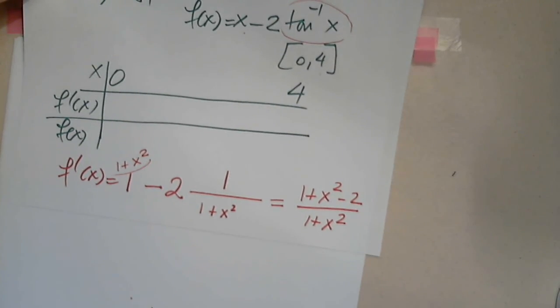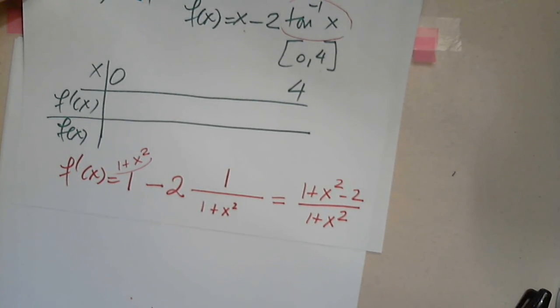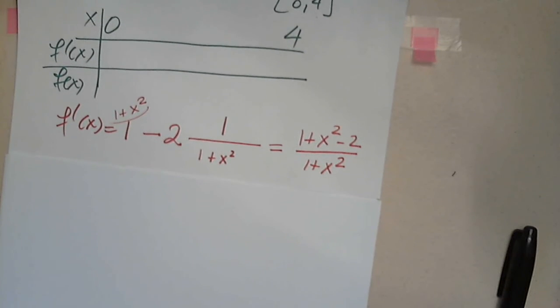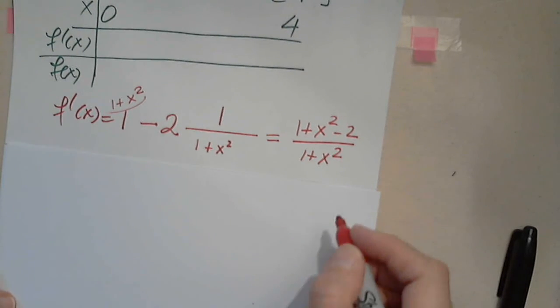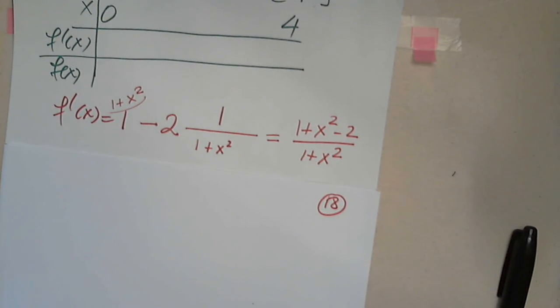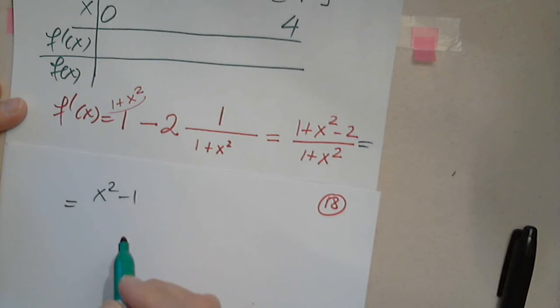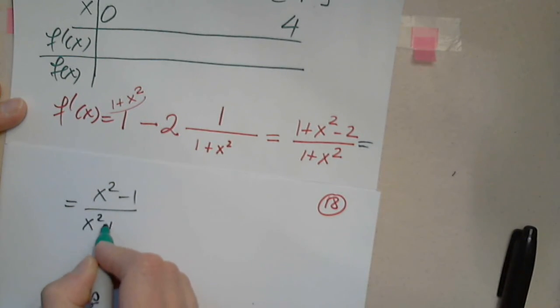Is everything okay, everyone? Okay, so I continue simplifying it, and I get x squared minus 1 over x squared plus 1.